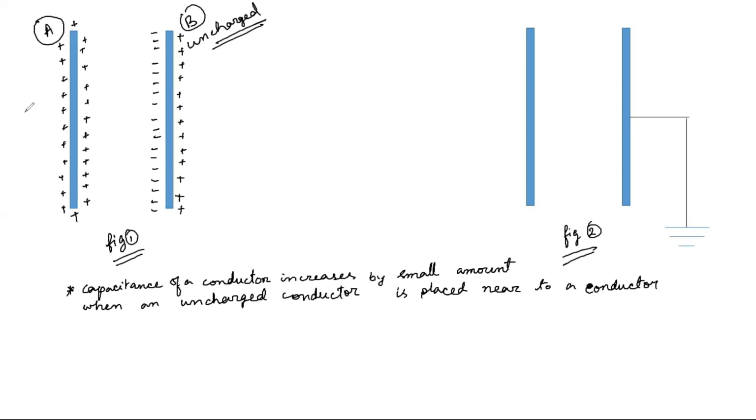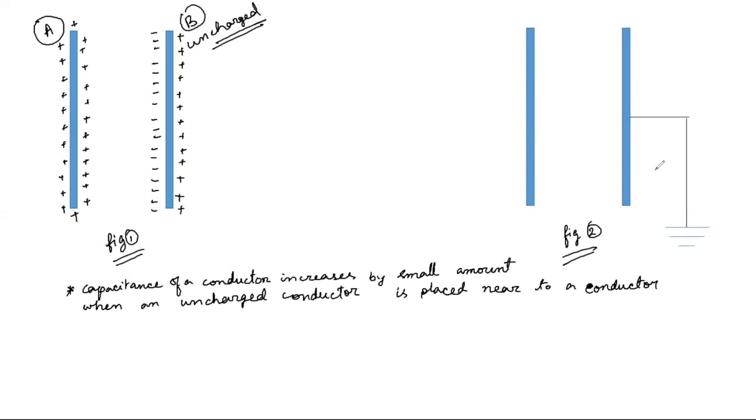Since we can give it a very small amount of charge, the potential of plate A again becomes the same. When we say same, that means we are trying to make the electric potential maximum. Since that electric potential has decreased, we have to provide extra charge so that the electric potential becomes maximum again. So this is our first point.